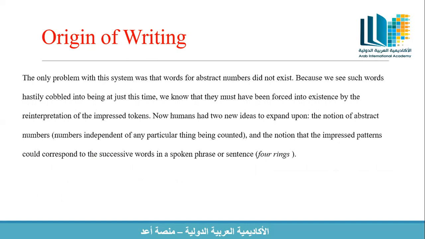Now humans had 2 new ideas to expand upon: the notion of abstract numbers. So here we're talking about numbers independent of any particular thing being counted, and the notion that the impressed patterns could correspond to the successive words in a spoken phrase or sentence, which is the 4 rings.